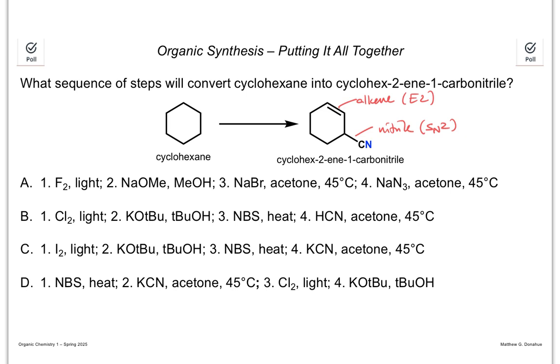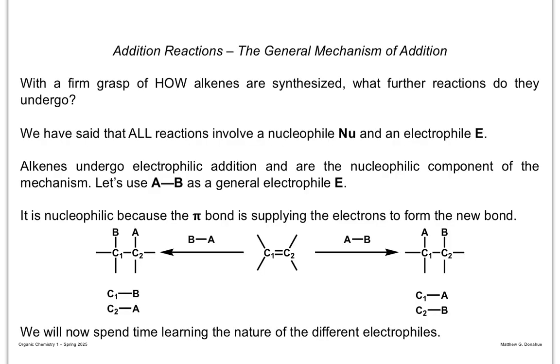Cyclohexane, they're all CC and CH bonds. So how do you functionalize a CH bond? What mechanism did you learn for that? And then eventually, once you figure out what steps you need, what order do they need to be done in? So give that a think. If you have any questions, shoot me an email. But otherwise, we're going to march on.